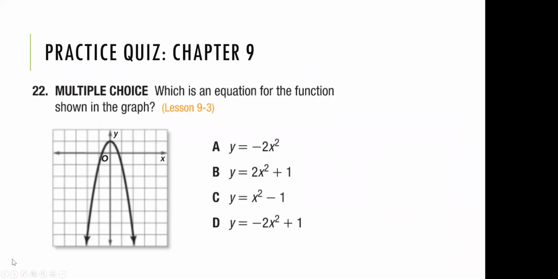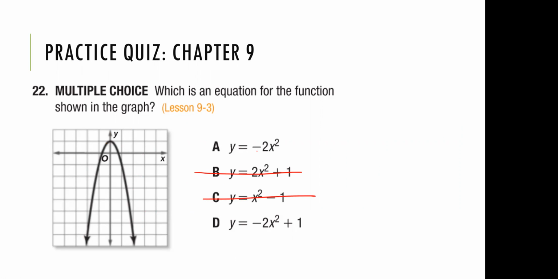Okay, so number 22 says, which is an equation for the function shown in the graph? I can see that my parabola is opening downward, so I know that my coefficient in front of x squared has to be negative. So I'm going to go ahead and eliminate 2x squared and x squared.